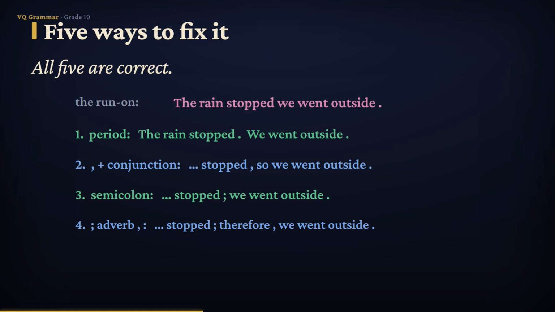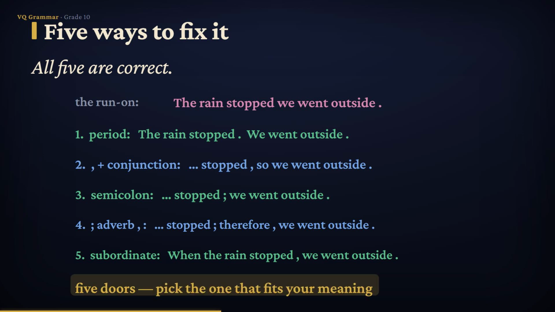That is the therefore, however, moreover family from Lesson 12. The rain stopped; therefore, we went outside. And fix 5. Turn one clause into a subordinate clause. When the rain stopped, we went outside. 5 doors, and the one you pick should be the one that best fits your meaning.